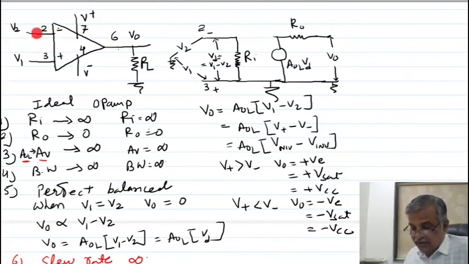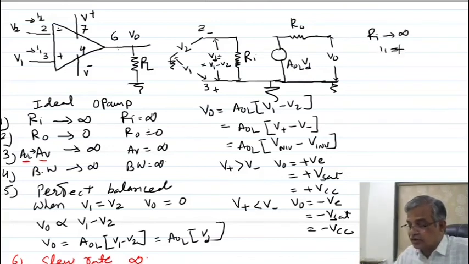Due to the infinite input resistance of the op amp, it does not draw any current. This current is zero. Due to infinite input impedance, the current drawn by this terminal is zero. Remember this.